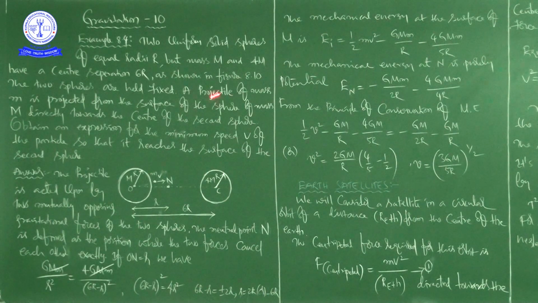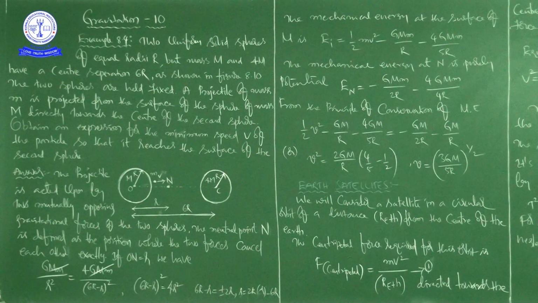Two uniform solid spheres of equal radii, this is capital R and this is also capital R, but mass this is capital M and this is 4M. Have a center separation 6 capital R as shown in figure 8.10.